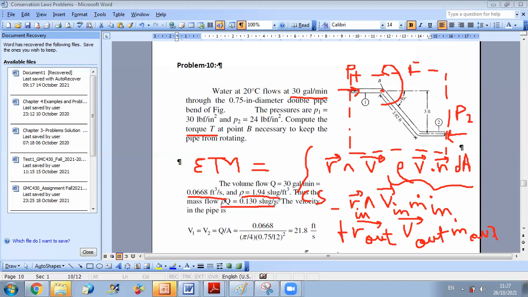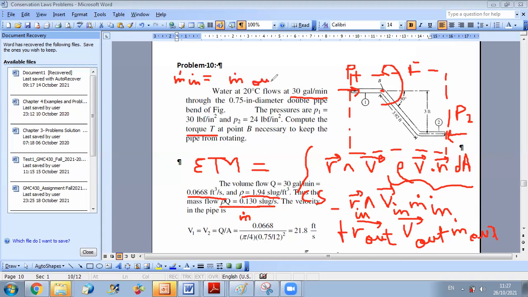So this is m dot in slug per second, in the English system. Now, from continuity, because of steady operation, m dot in is equal to m dot out. So already we are done with the calculation of the mass flow rates.